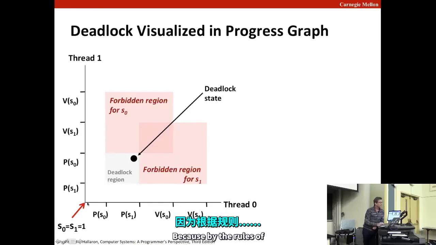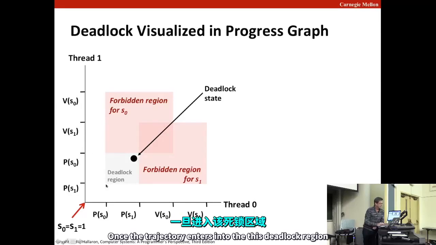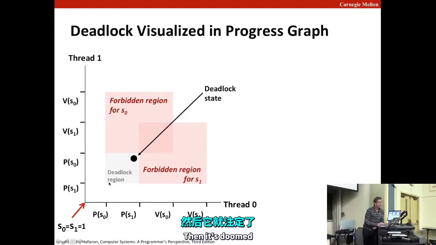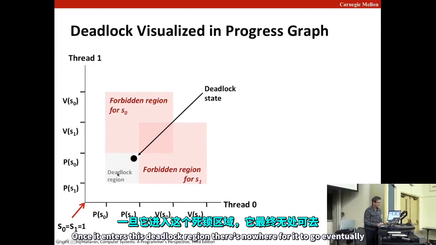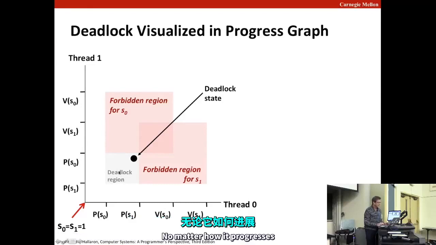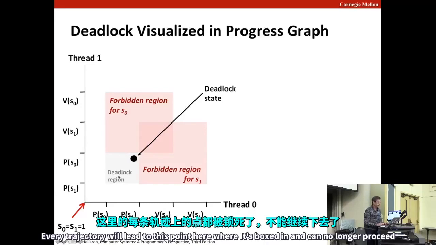Because by the rules of time can't go backwards, once a trajectory enters into this deadlock region, then it's doomed. Once it enters this deadlock region, there's nowhere for it to go. Eventually, no matter how it progresses, every trajectory will lead to this point here where it's boxed in and can no longer proceed.